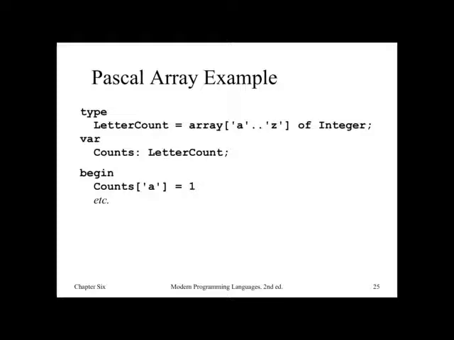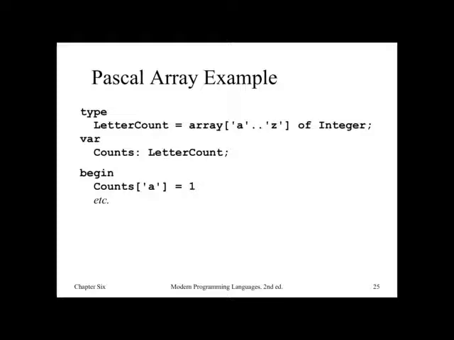So in this case, just to walk you through the syntactic stuff here, I define a letter count as a type, which is an array from A to Z of integers, and so my index is A, and it goes up to Z. The type of each element is an integer. Then I declare a variable, which I call counts, and this is backwards from C, C++, Java, right?